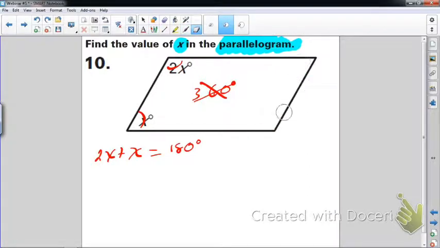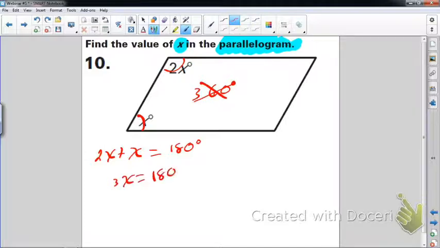But because I only have two of them, this one here and this one here, that tells me automatically that I am going to set them equal to 180. So I just combine things that are alike. So it's going to be 3x is equal to 180. I get to use the division property of equality, where I divide by 3, and I end up with x is equal to 60 degrees. Okay, 60 degrees. Super easy. It's not that hard. You just got to take into consideration the things that they are giving you. What is it that they are giving you?